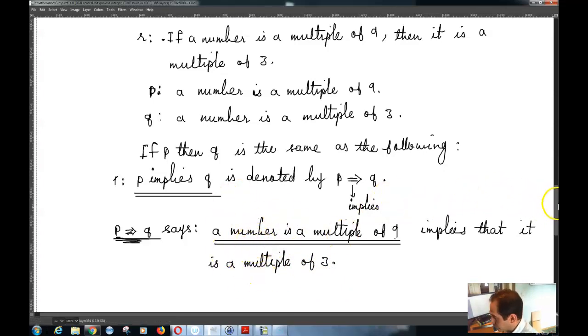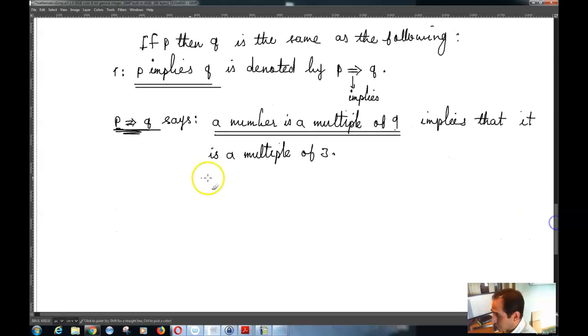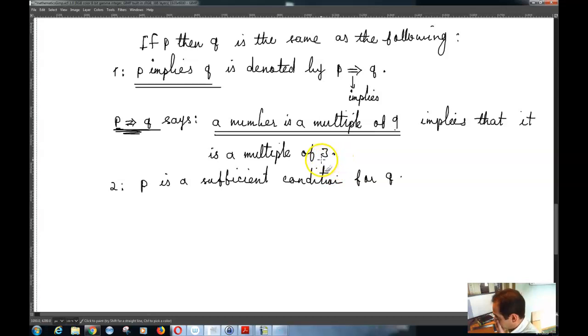Now number two is basically, you could read P implies Q, or if P then Q, as P is a sufficient condition for Q. This means that knowing that a number is a multiple of 9 is sufficient to conclude that it is a multiple of 3.